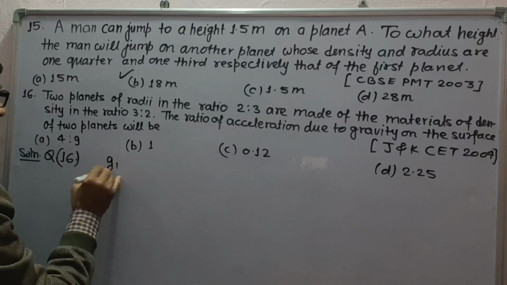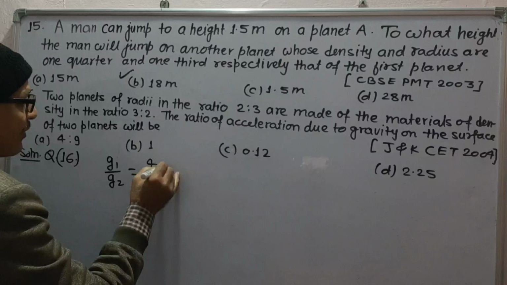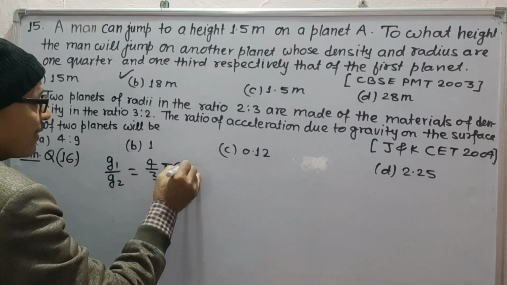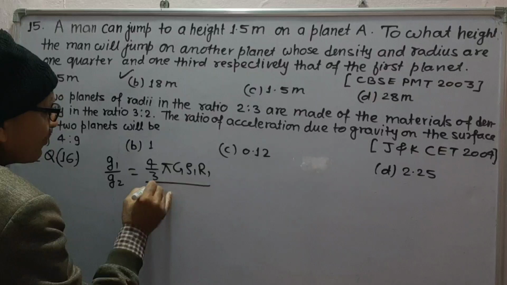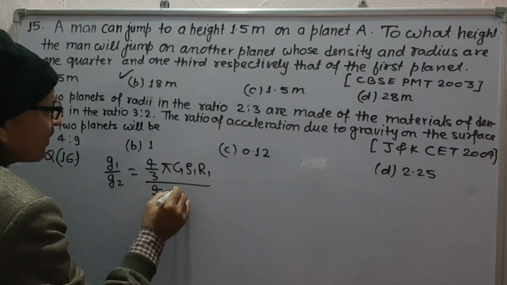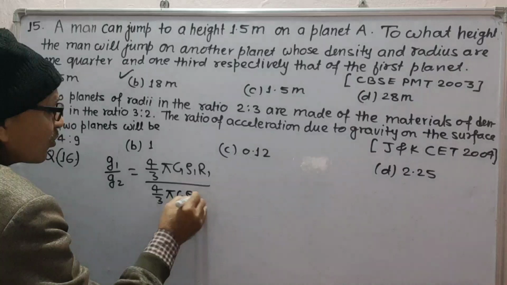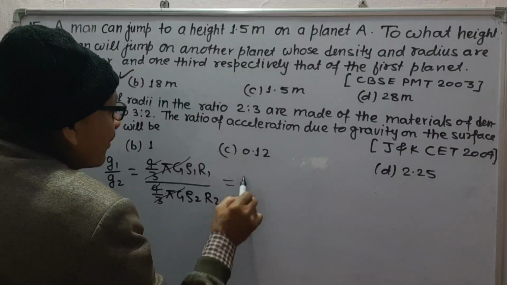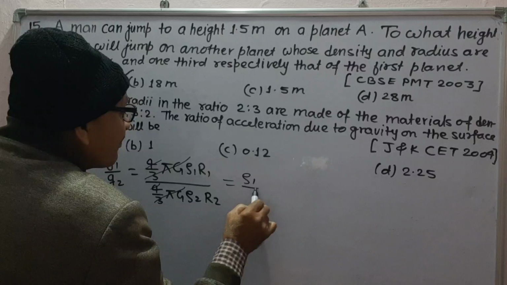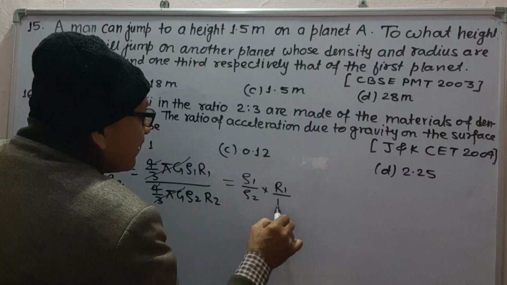Required ratio g1 upon g2 will be equal to 4 by 3 pi g rho 1 r1 upon 4 by 3 pi g rho 2 into r2, and we get rho 1 upon rho 2 into r1 upon r2.